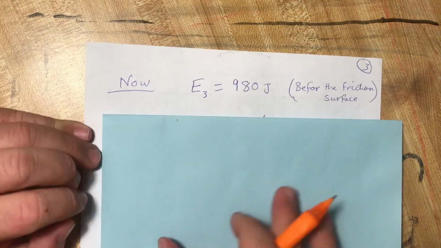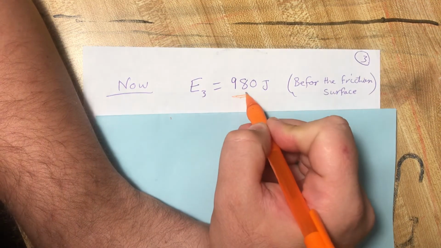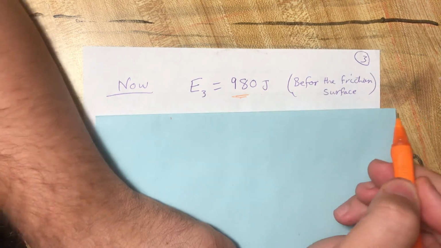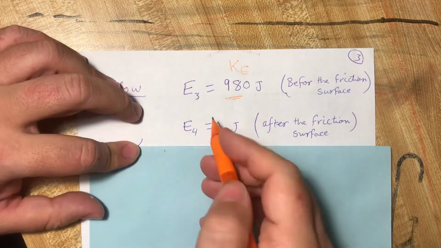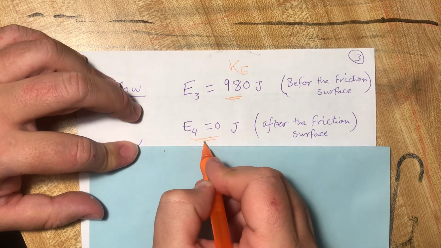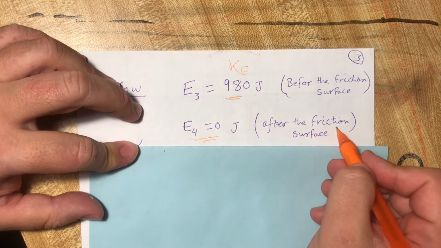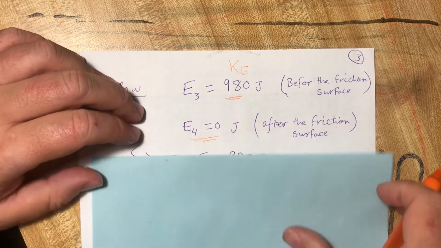At point number 3, before the friction surface, we have 980 joules, right? It is kinetic energy. But at point number 4, we have zero energy. After the friction surface and the body is stopped, we don't have kinetic or potential energy.